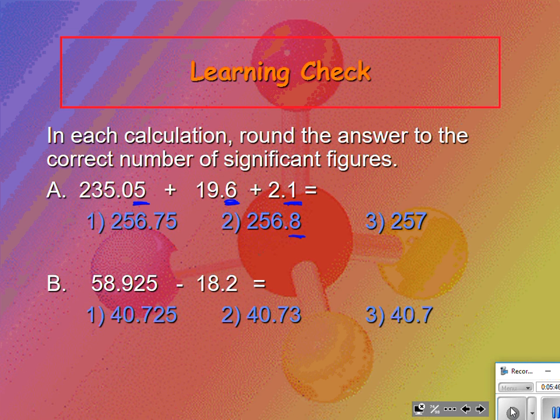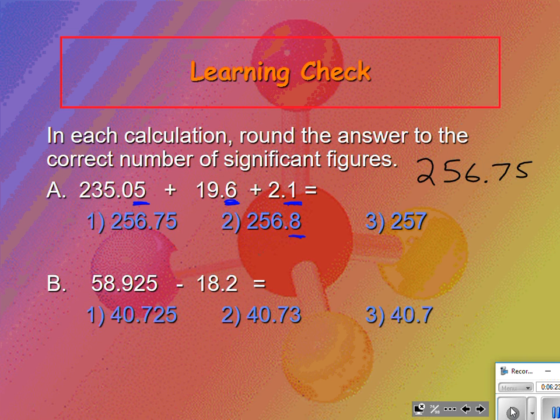Now, this gives me something that we need to talk about, okay? The number value that I got was 256.75. Now, there is something that we call the even rule.